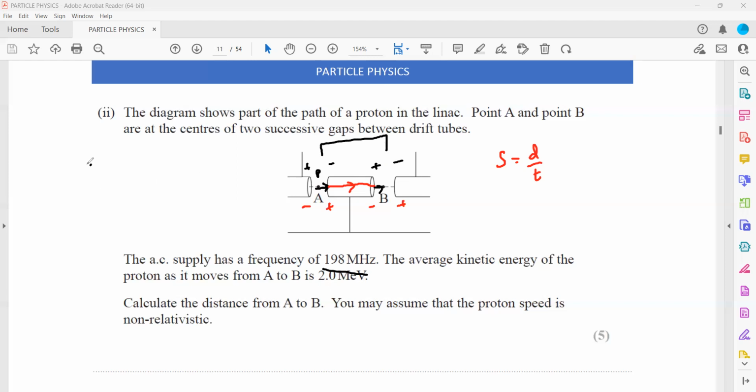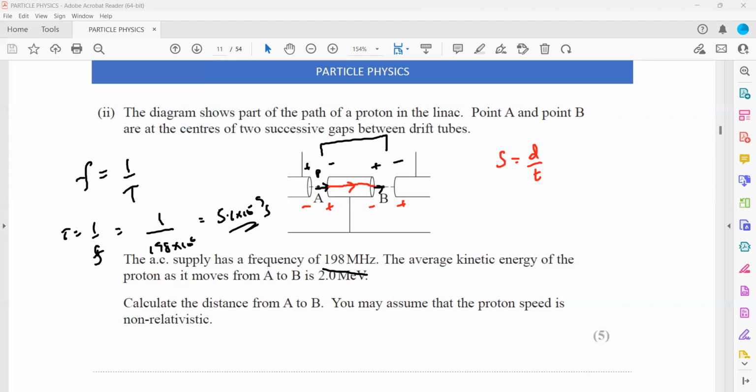Frequency is the reciprocal of the time period. So 1 divided by 198 into 10 to the power 6, because it is in megahertz and you have to convert into hertz, and then take the reciprocal. This will be 5.1 into 10 to the power minus 9 seconds. That is the time it will take to move from one place to another.